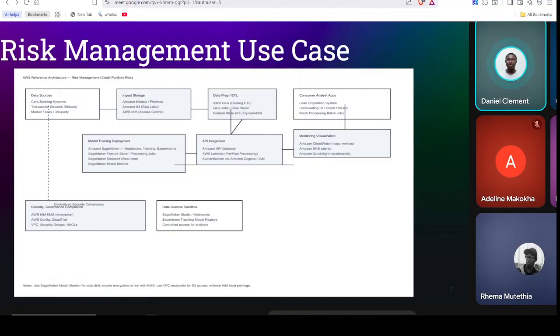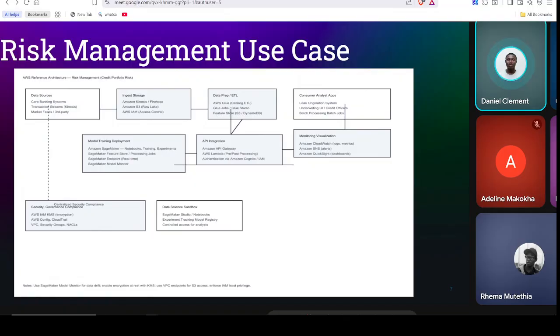And obviously, we'll have our security checks, our NACLs, IAM, and security groups, making sure that we build a highly resistant and protective environment that cannot be easily hacked. And that is basically the flow of a company, very simple, the flow of a company wanting to have a risk management use case.